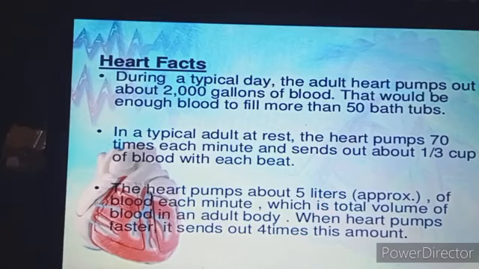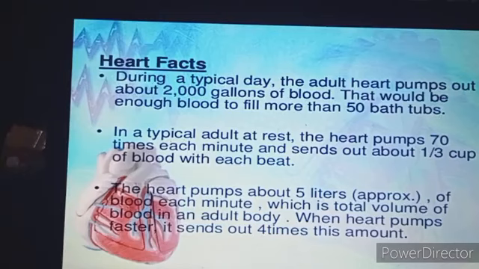In a typical adult at rest, the heart pumps 70 times each minute and sends out about one third cup of blood with each heartbeat. The heart pumps approximately 5 liters of blood each minute.